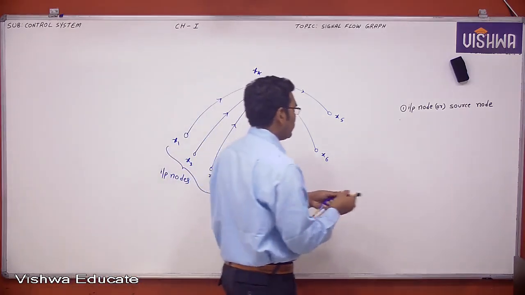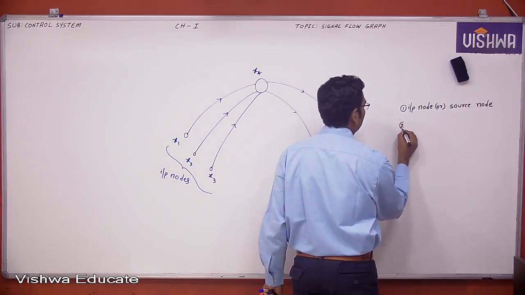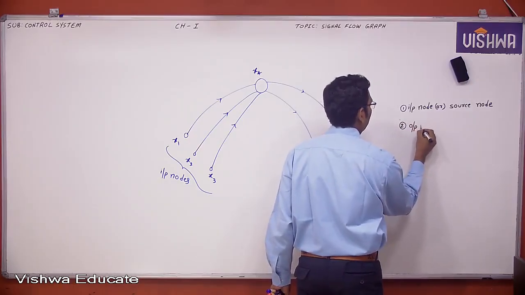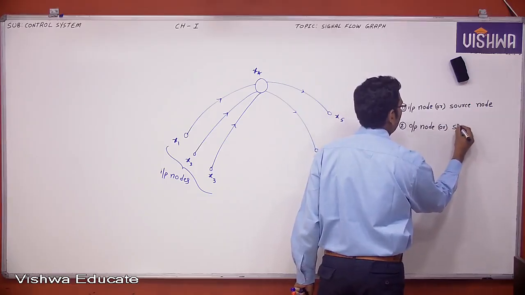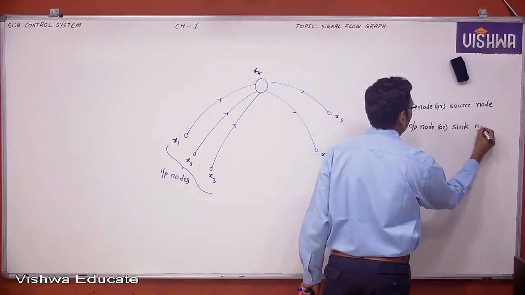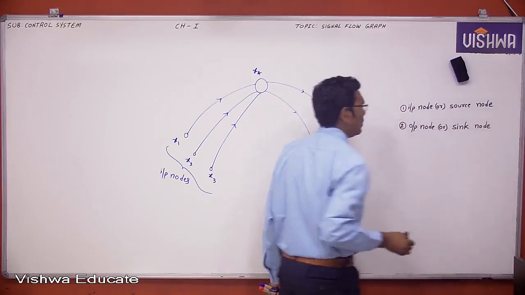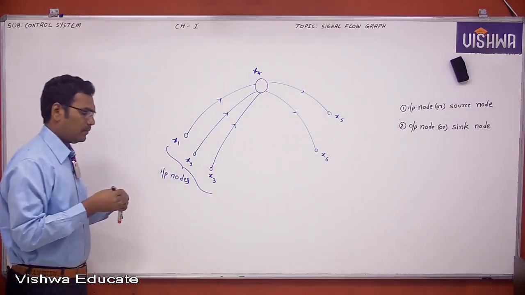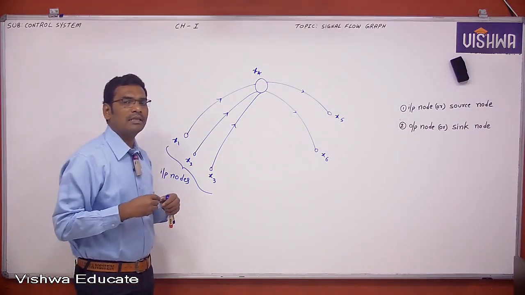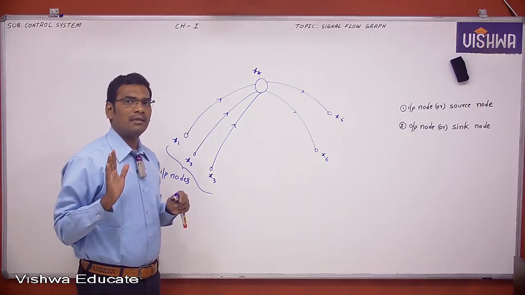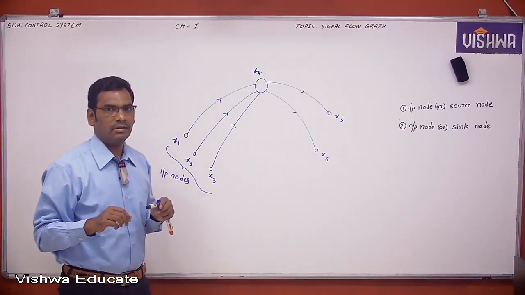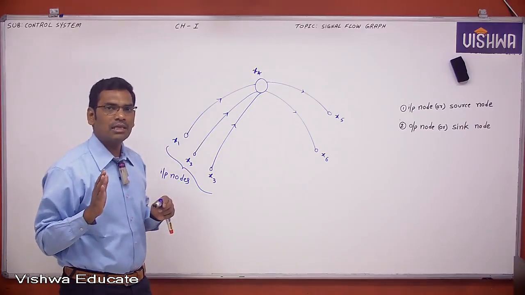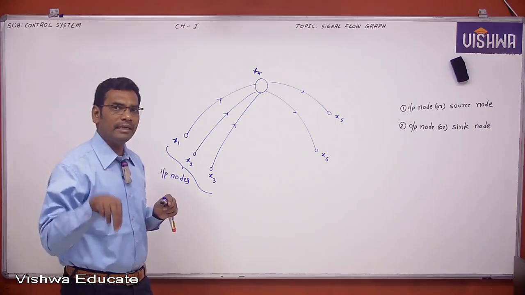Now the second one is the output node, or sink node. What are the output nodes or sink nodes? Output nodes are the nodes which have only incoming branches.